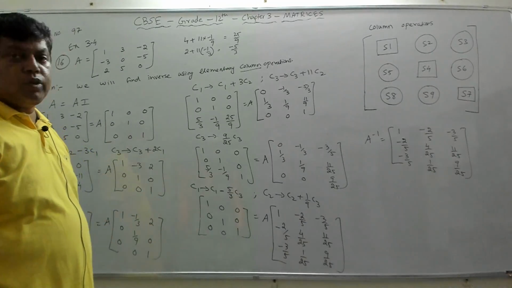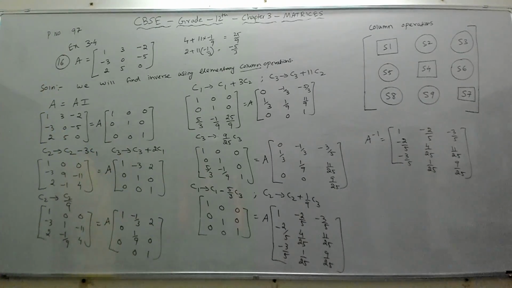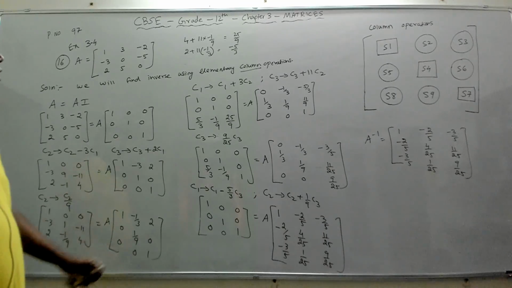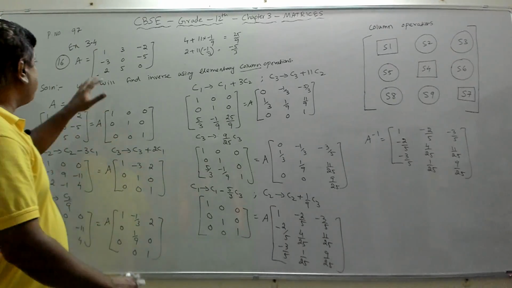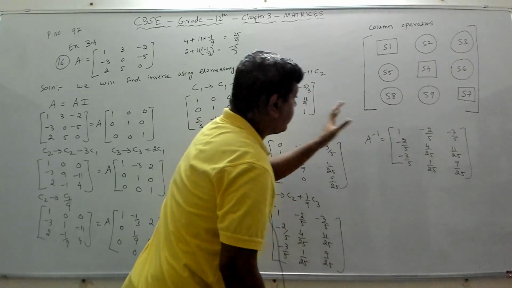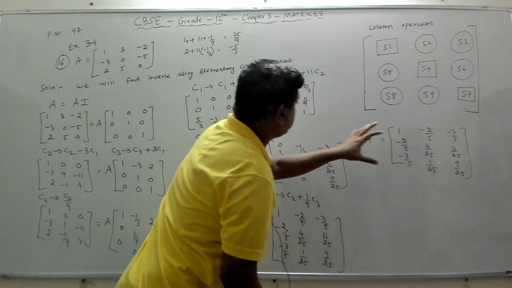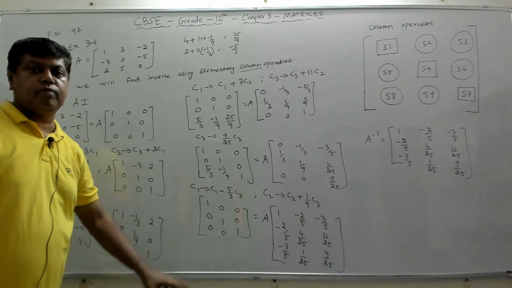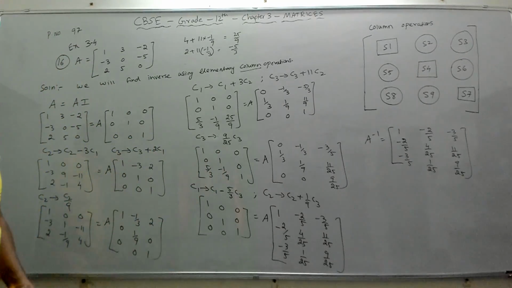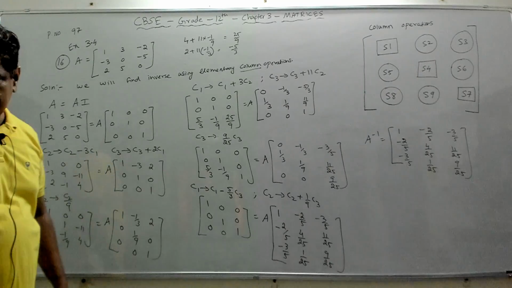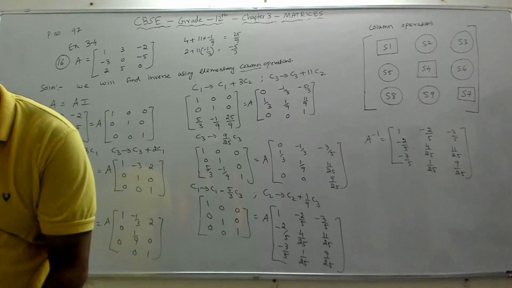When you multiply A with this, you will get the identity matrix. If you do this multiplied with this, you will get the identity matrix, which is this. Fine.